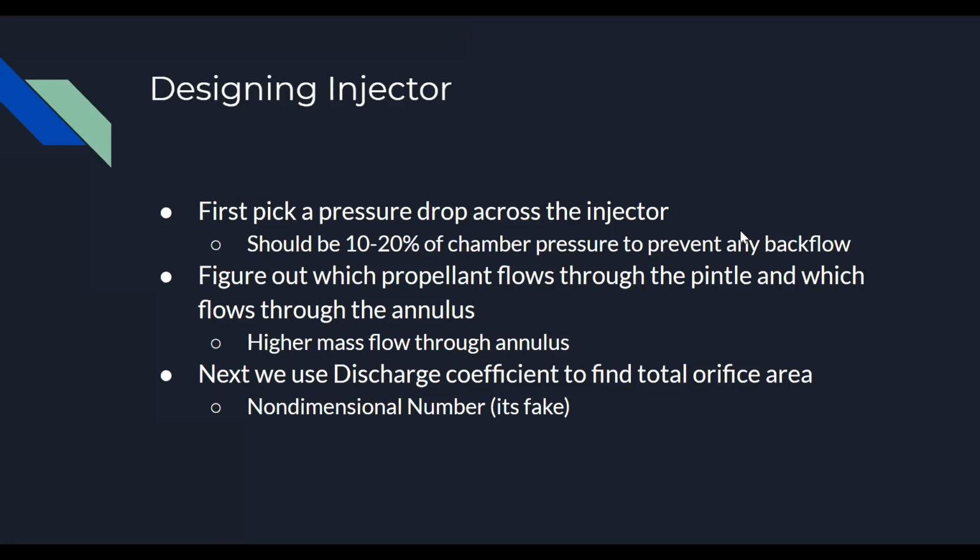So we're just talking about that drop across the injector face. That should be about 10 to 20% of the chamber pressure, and that will prevent any combustion from flowing back up the injector and exploding in there, in case weird combustion pressure in the chamber makes a higher pressure that would flow backwards.